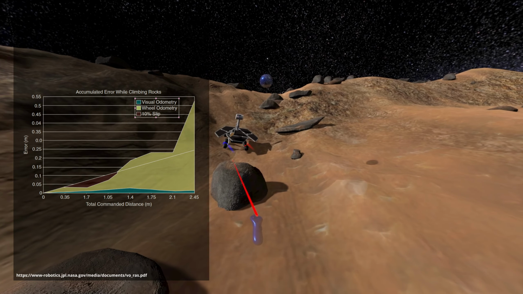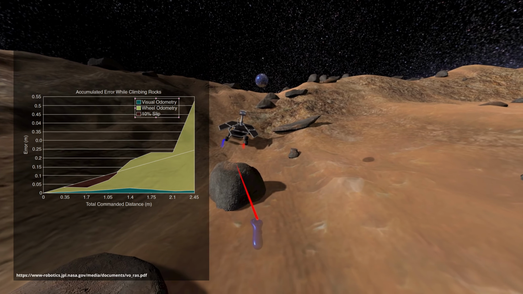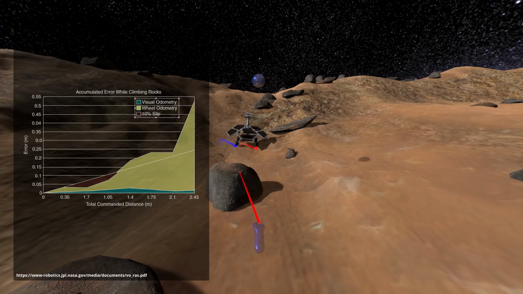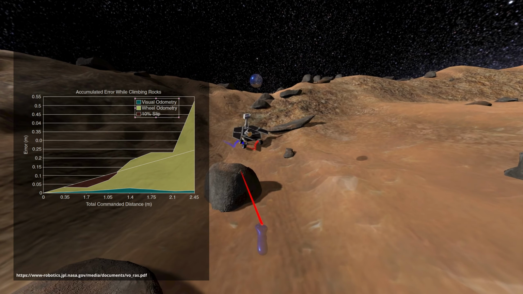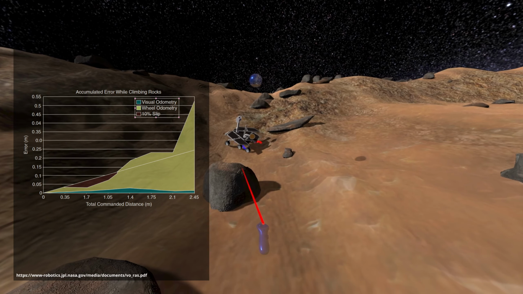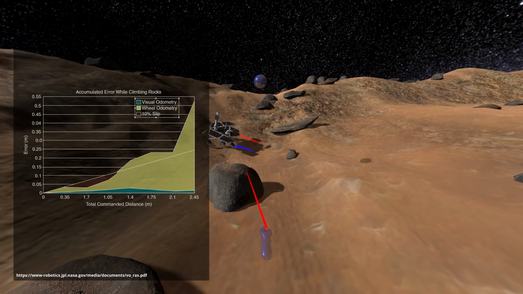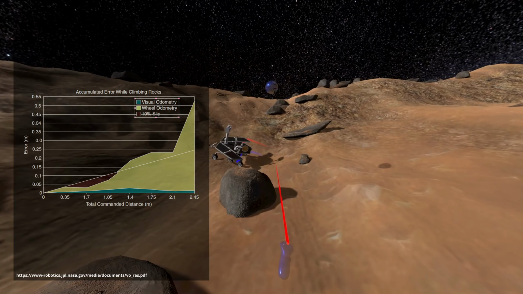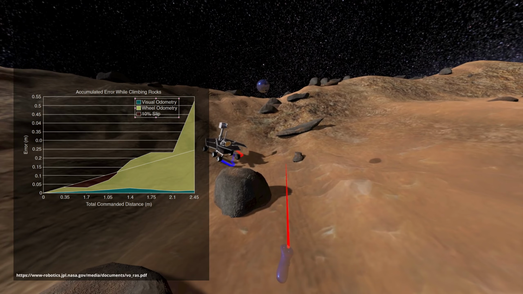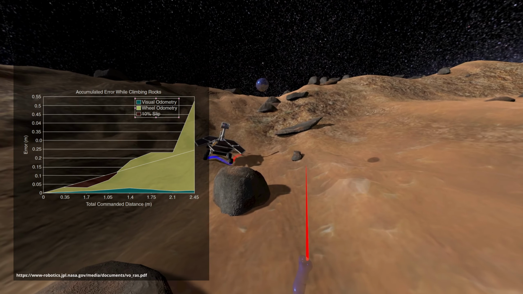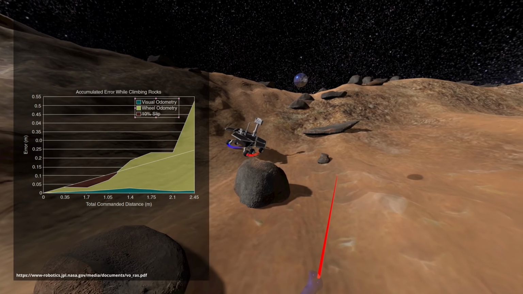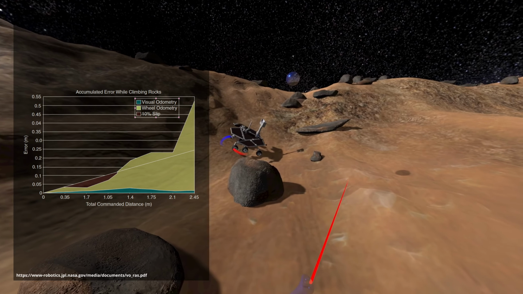And you can see a plot of the wheel odometry error in comparison to the visual odometry error, and of course the visual odometry error is much lower. Of course, it's always hard to get a really correct ground truth on Mars, so just take this data with a grain of salt.